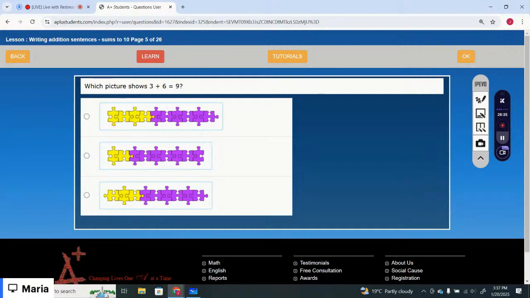Which picture shows 3 plus 6 equals 9? Option number 3 is the correct option. That is 3 plus 6.